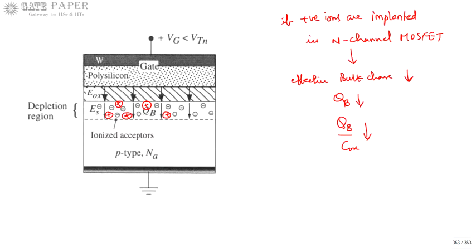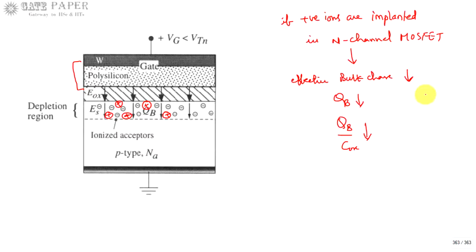And if you apply more than that, it not only compensates this one, it also compensates the voltages phi m minus phi s as well as QSS. Okay, so if you apply more and more positive ions, that is going to compensate the other components of voltage which result in VT. So the threshold voltage is going to become negative effectively.